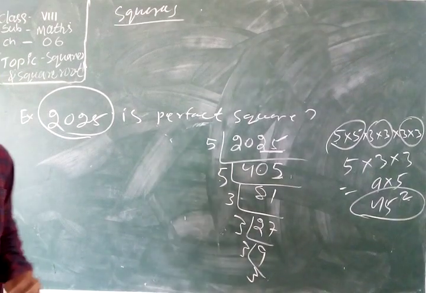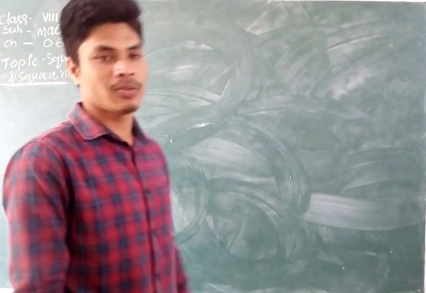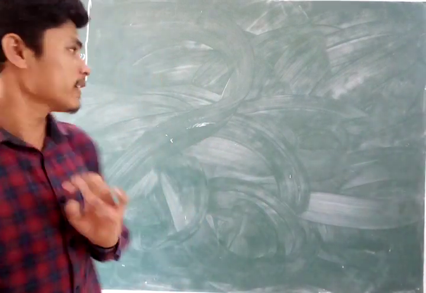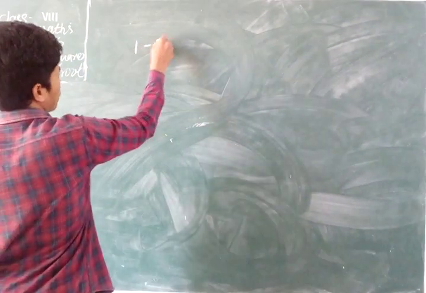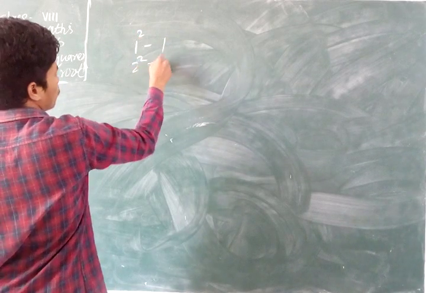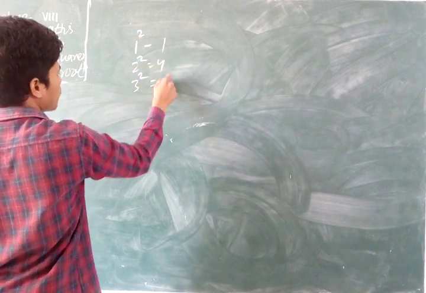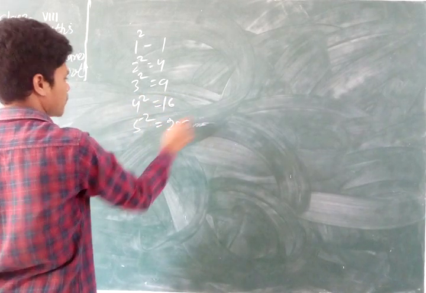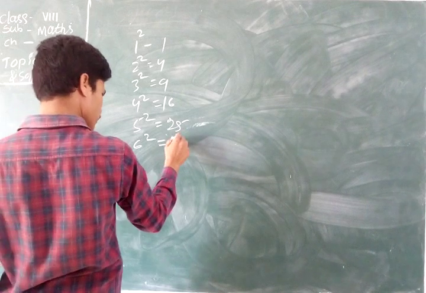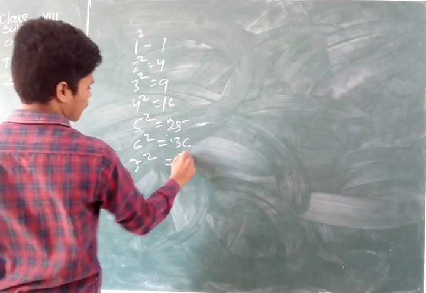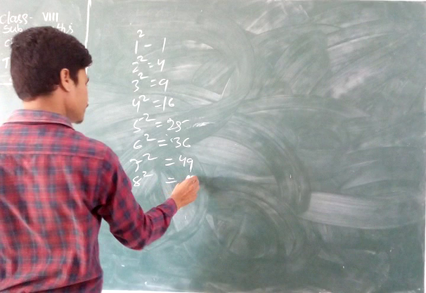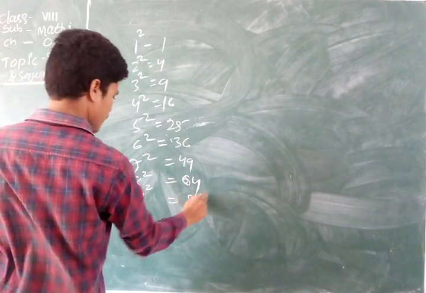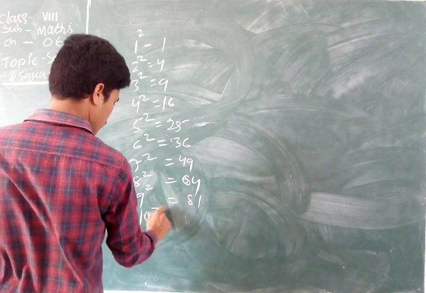Now we discuss making a table of squares from 1 to 20, and look at the ending digits. 1 square is 1, 2 square is 4, 3 square is 9, 4 square is 16, 5 square is 25, 6 square is 36, 7 square is 49, 8 square is 64, 9 square is 81, 10 square is 100.